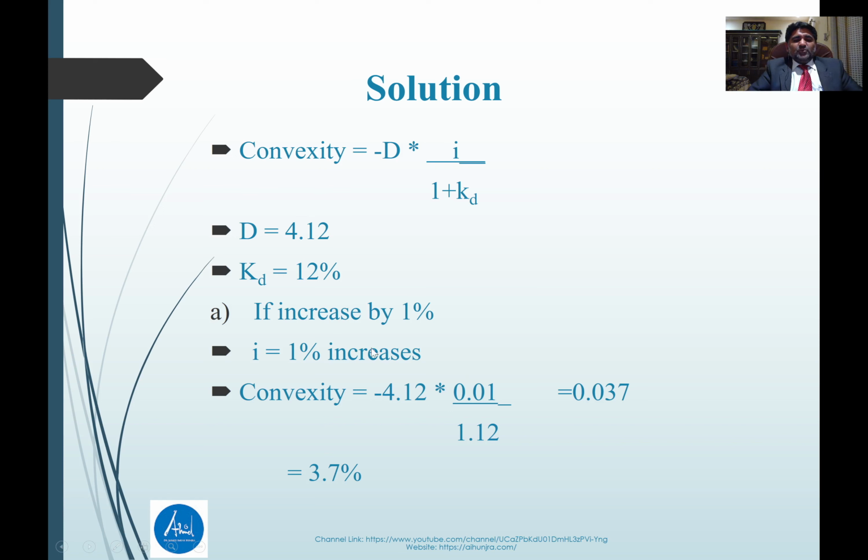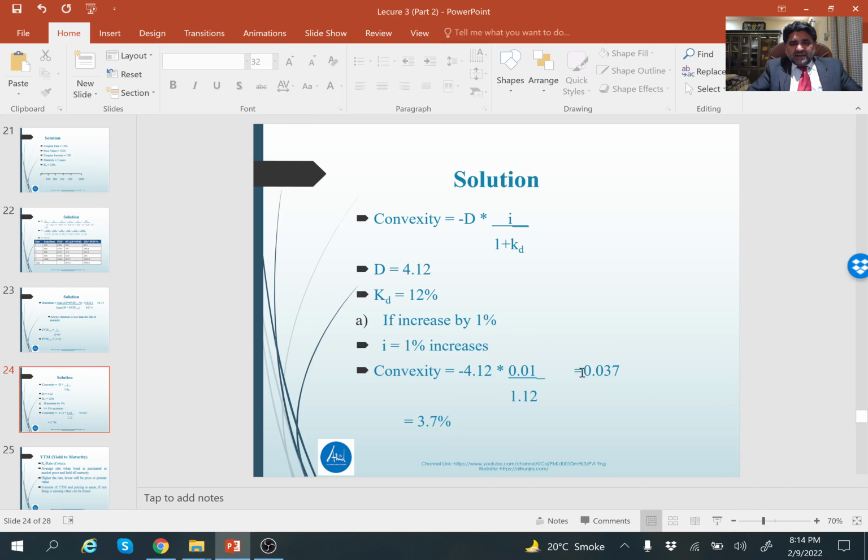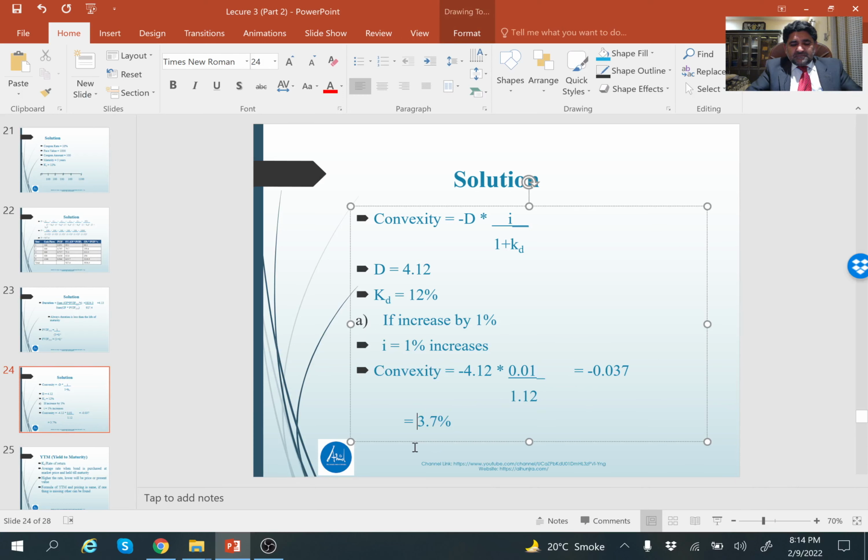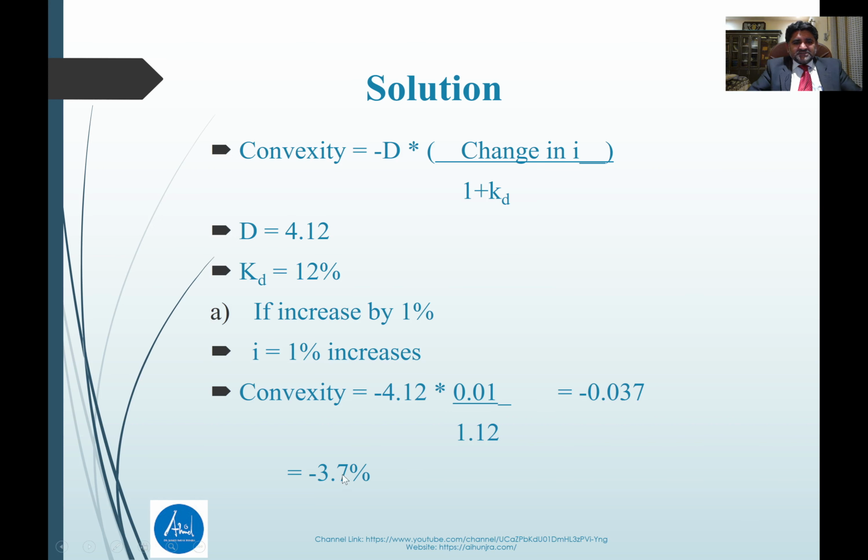Here I have made a mistake, it's minus. You have to be careful. Here we can put the bracket, and the change in I is 1% divided by KD. So you should be very careful. If the interest rate is increased by 1%, the price will decrease by 3.7%. That is how sensitive the price is towards the change in interest rate.